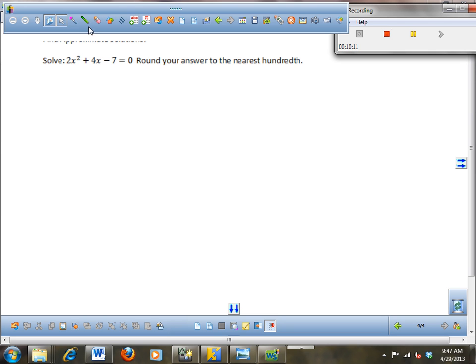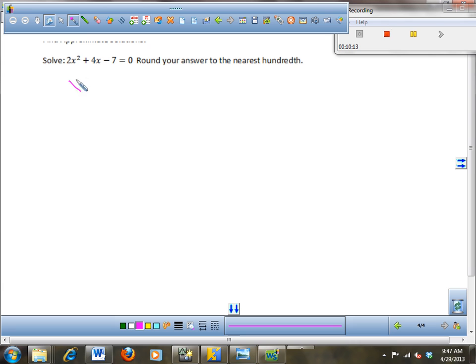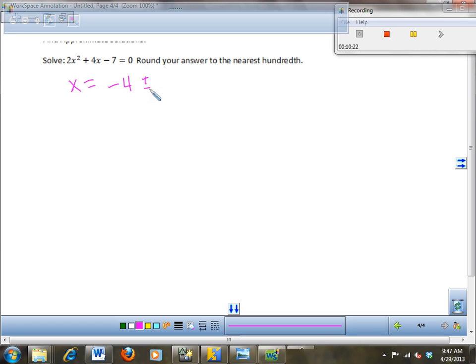So in this case, we're going to get x equals negative b, right? So that'd be negative 4 plus or minus the square root of positive 4 squared minus 4 times a. What's a today?